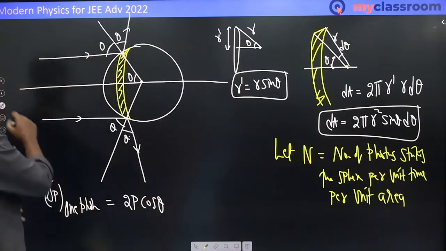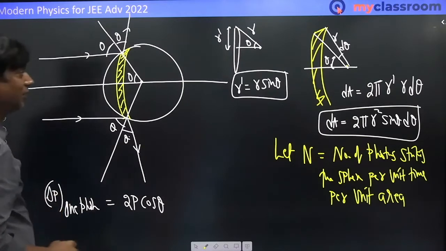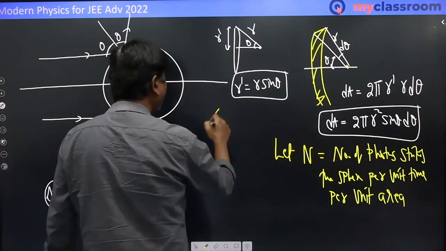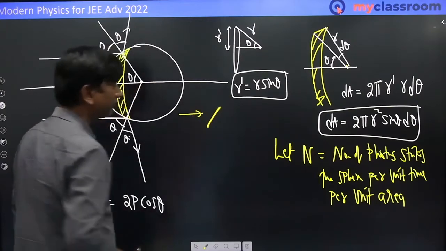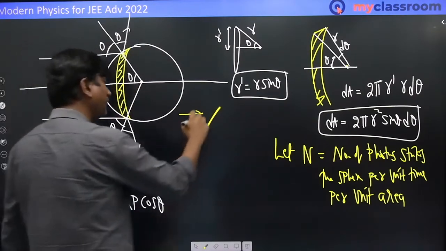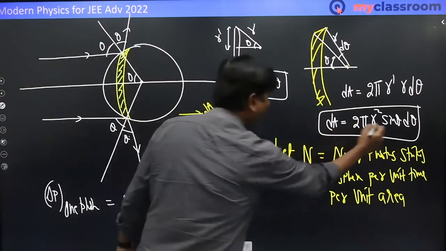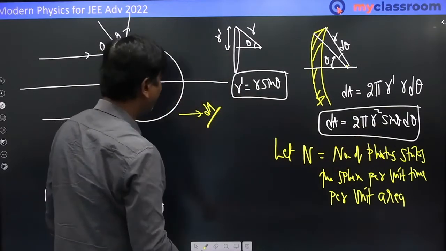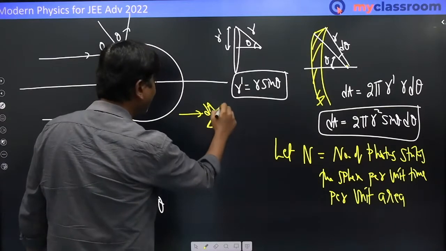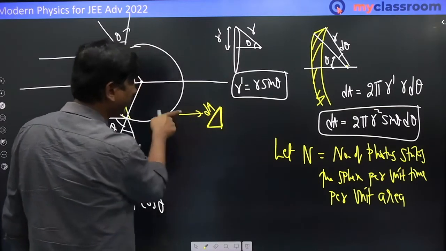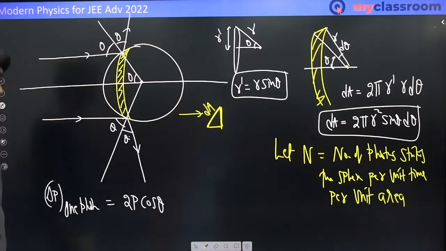So for that also I have to take care. This is the area which I have written as dA, but photons were coming like this. So I will take the area which is normal to the incident photons.